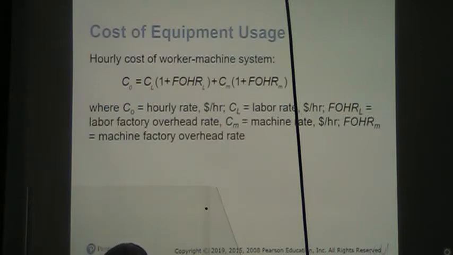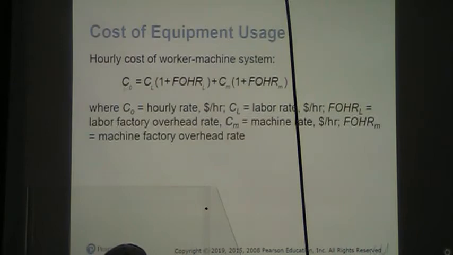All right, so the cost of our equipment usage. The hourly cost for our worker machine system, where C sub O is our hourly rate, C sub L is our labor rate in dollars per hour, our factory overhead rate for labor, our machine rate in dollars per hour, and our factory overhead rate for machines.